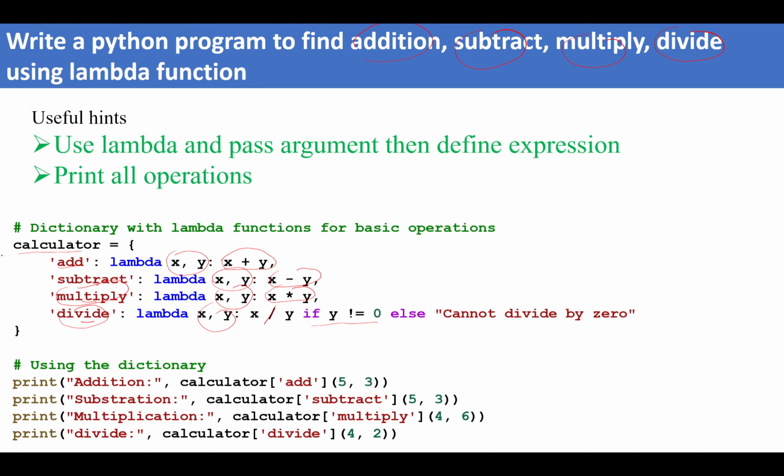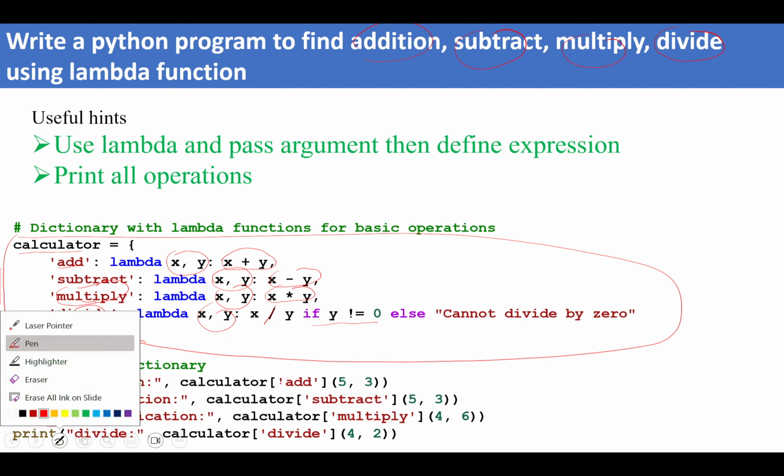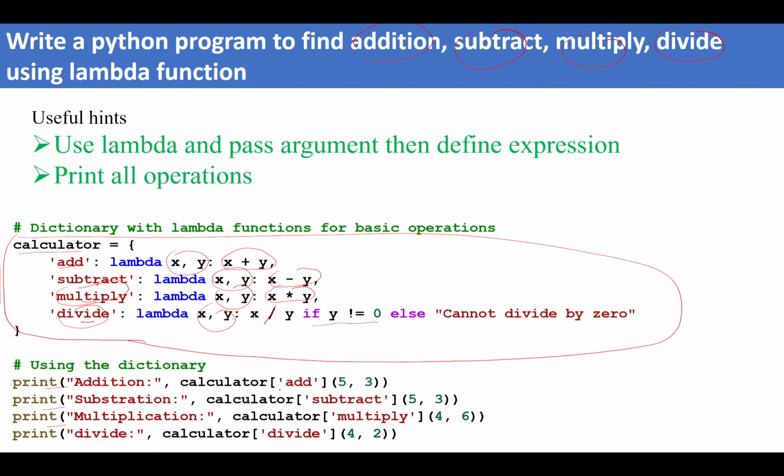So this is my dictionary, and I have used all these operations with lambda functions. The lambda function reduces the syntax, and after that we go for the printing options: the addition display, subtraction display, multiplication display, and division display.